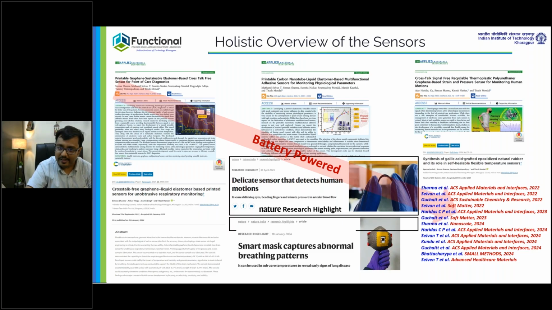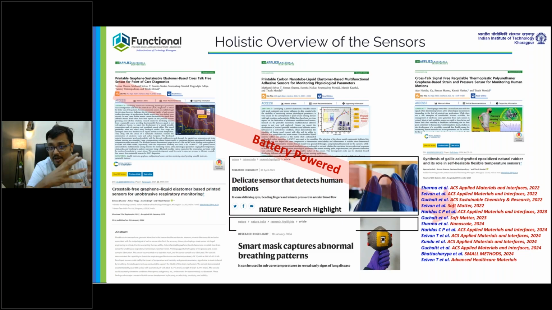So we call these next generation rubbery materials the self-powered materials. Okay, that means you do not need a battery to power this material. By creating certain devices, due to the electronic conduction of this rubberized material, it generates certain voltages, it generates a certain power output which can drive the sensor on its own.